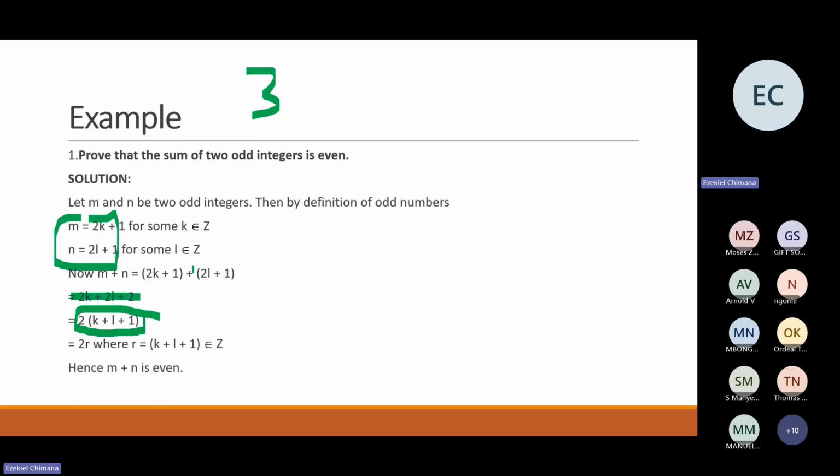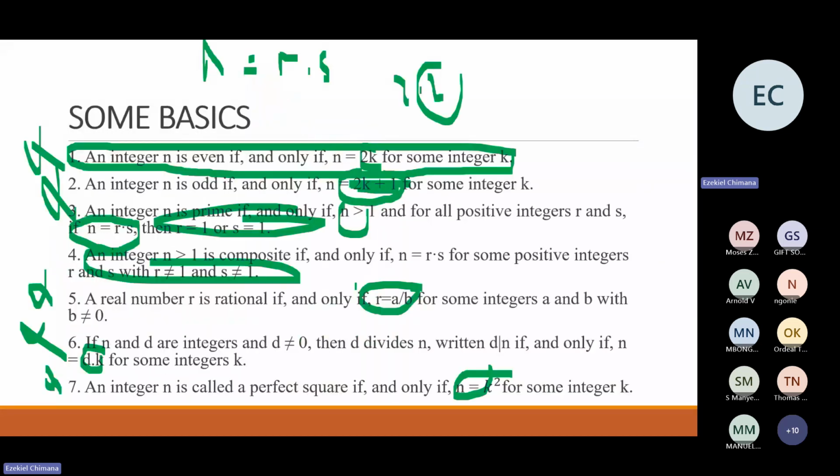After having something like this, you want to prove that this result is an even number. How do you prove that? Once you have factored out the 2, you will have 2 times this one. Any number multiplied by 2 is always an even number. From this definition, n is equal to 2k for some integer.